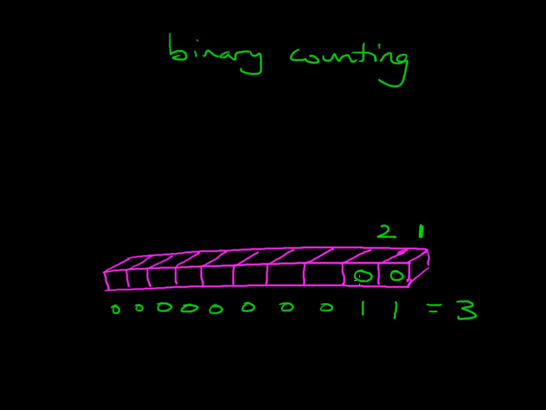I run out of space again if I want to add another ball, so I put my next ball in here, and I erase the other 2. And so this here is representing now the number 4. I've got one ball in here and no balls in here, and this represents the number 4. So this is my 4s column.